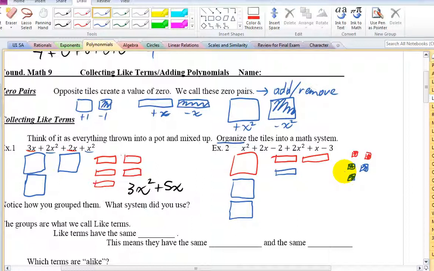Okay, so I used x squared, one of them, and then over here we have another 2x squareds. We have 2 red x's and then another x, and then we start with negative 2 one tiles, and then we add a negative 3. All together, what do I have? 3x squared plus 3x minus 5.